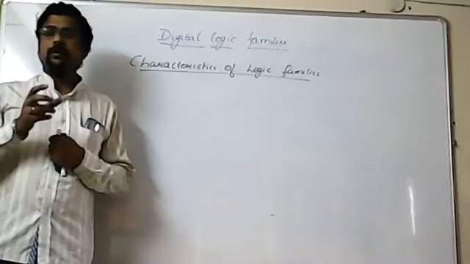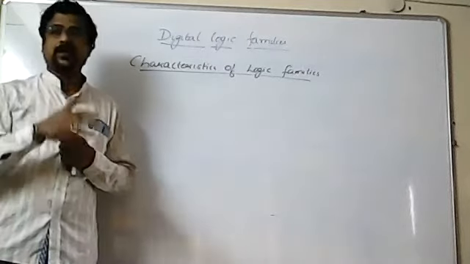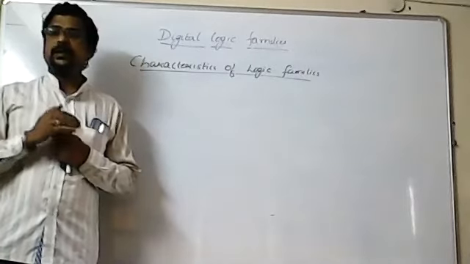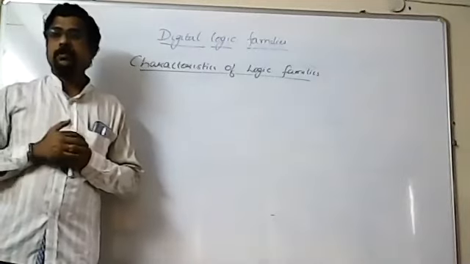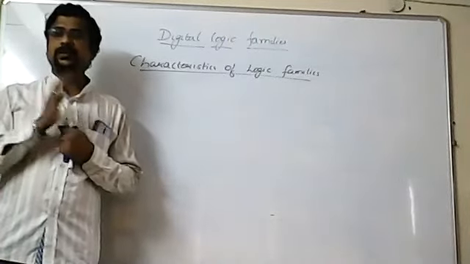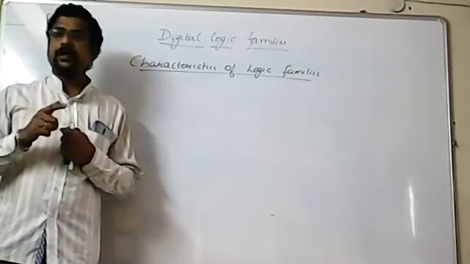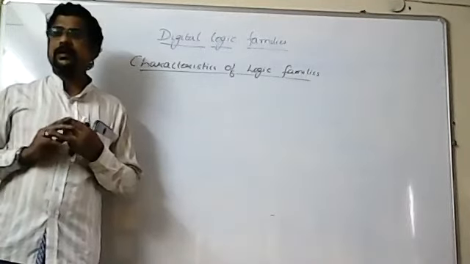So we have to be specific about how many gates we are using, or how many maximum available gates can be used. And apart from the basic gates, how many components can be placed. Components, don't get confused: gates means logic gates, and components means, along with the gates, resistors or diodes or any other elements.